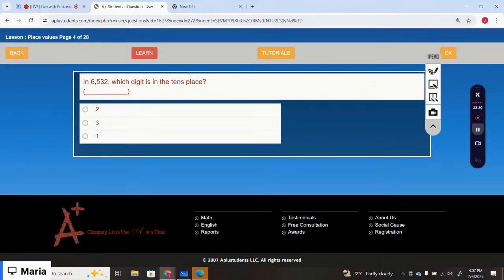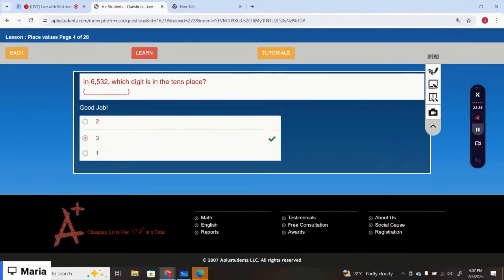The digit that is at the tens position is 3. Very good. Option number 2 is the correct option.